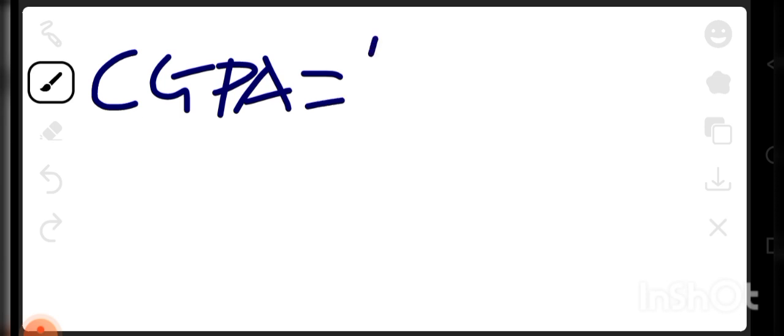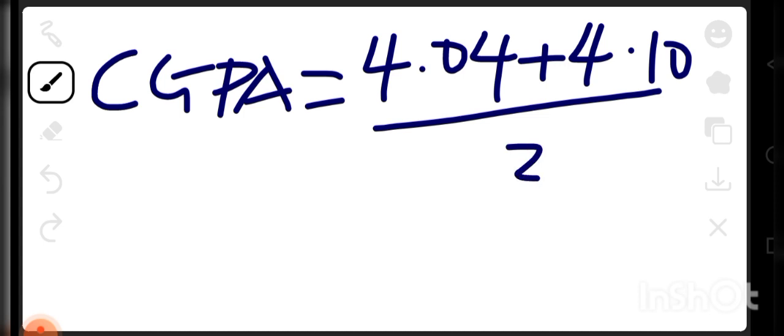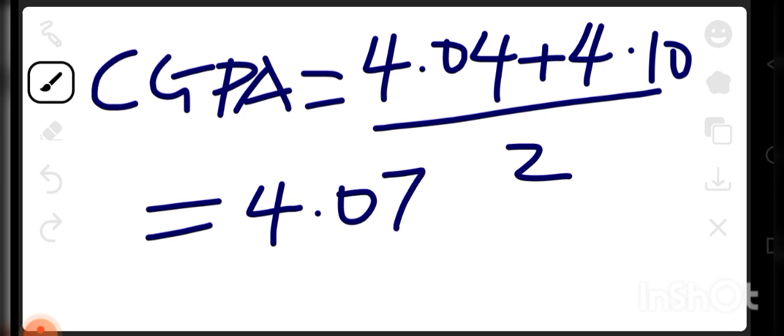So we're going to have 4.04 plus 4.1 divided by 2. That's the average of that. So 4.04 plus 4.1 divided by 2, that is 4.07. CGPA will be 4.07.